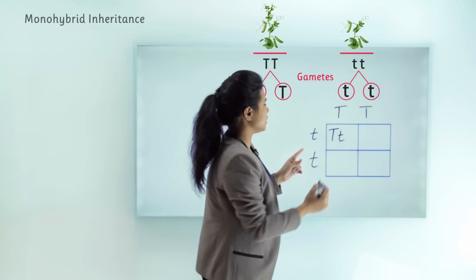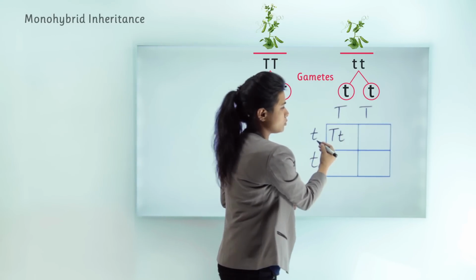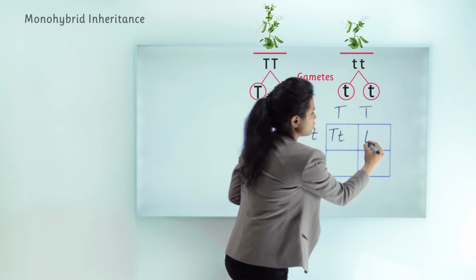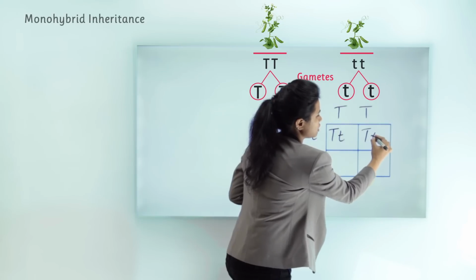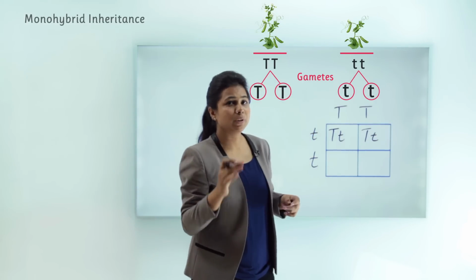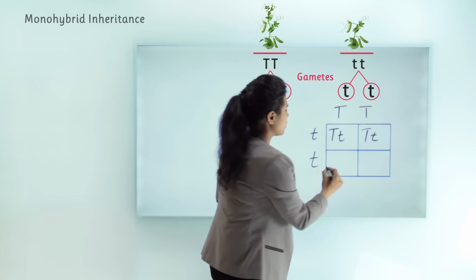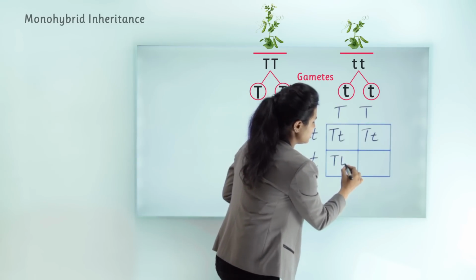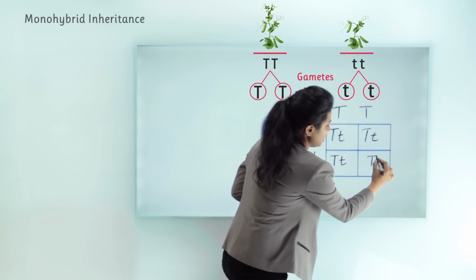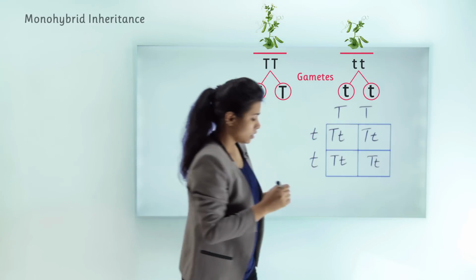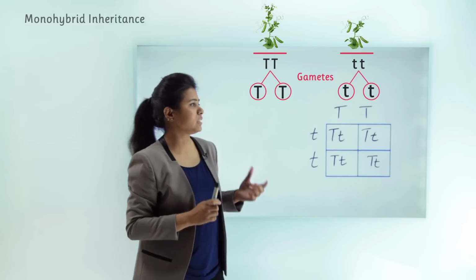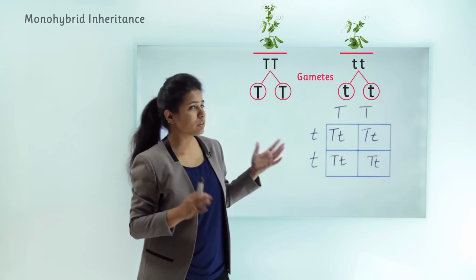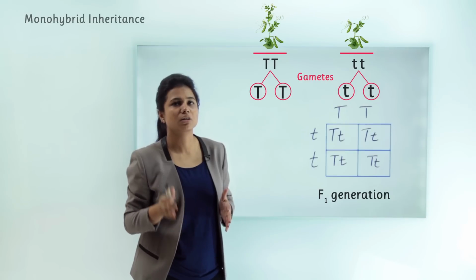Similarly, I will do with this. Capital T will fuse with this small t, so it will be capital T and small t. You can try with the other two and it will be capital T and small t, capital T and small t.